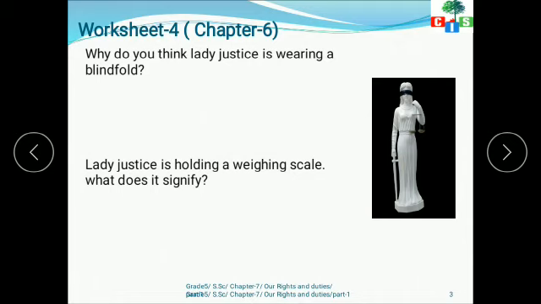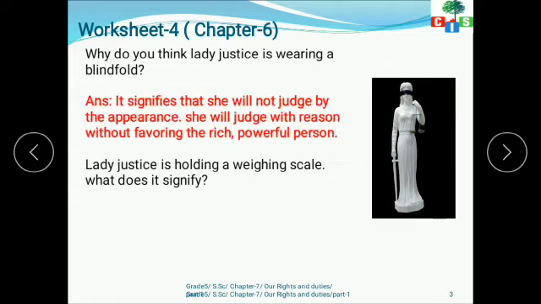Based on this picture, there are 3 questions. Question one: why do you think Lady Justice is wearing a blindfold? The answer is that it signifies that she will not judge by appearance. She will judge with reason, without favoring the rich and powerful. That's why she is wearing a blindfold.